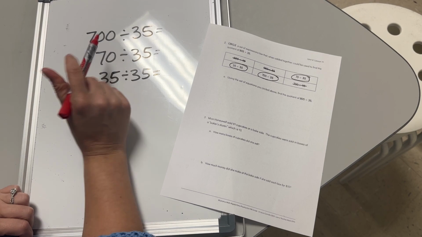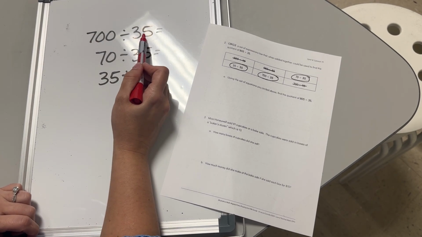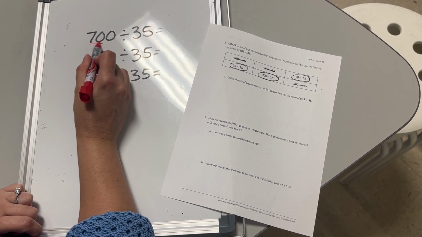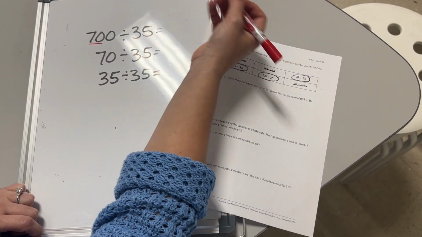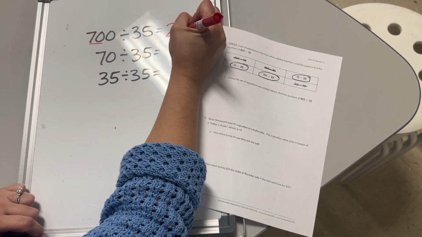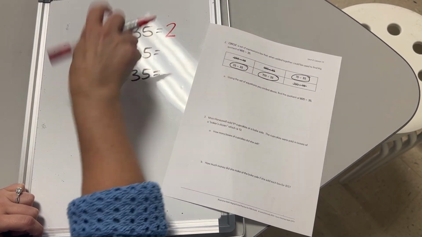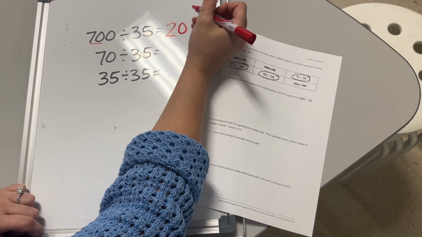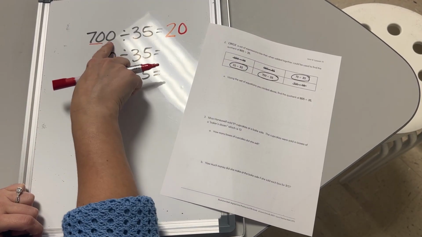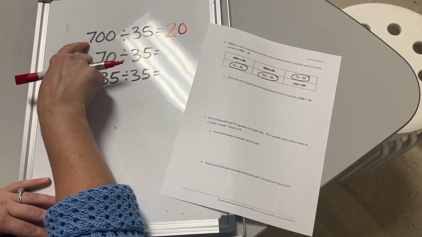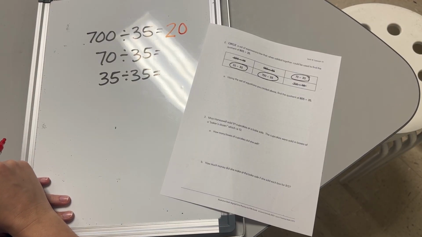Starting with the first one, I know that 35 can go into 70 2 times, because 35 times 2 is 70. And then I have this extra 0 on the end. So I'll put a 0 onto my 2, and that means that 700 divided by 35 is 20.